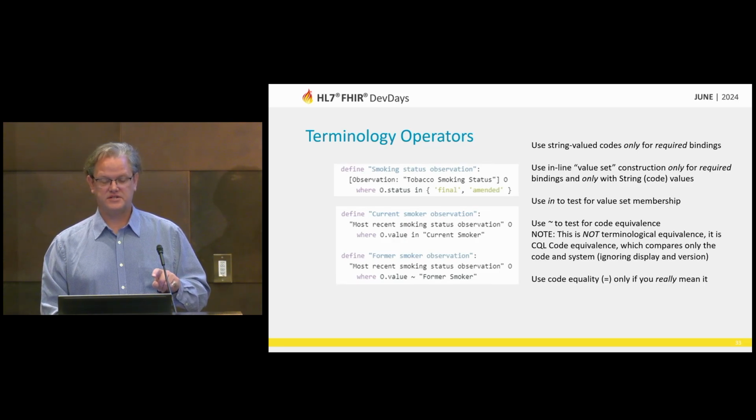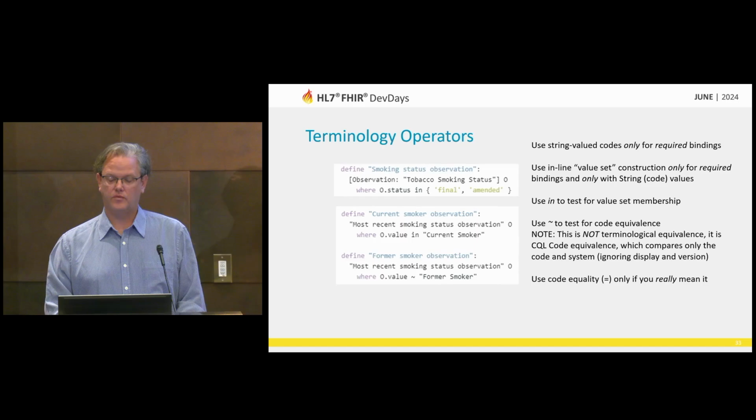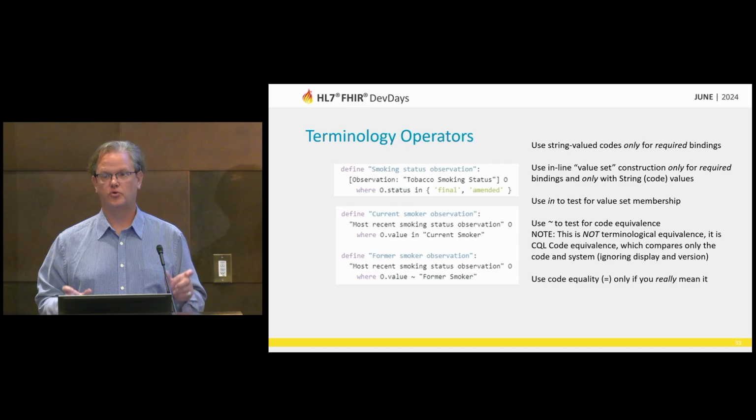And the key difference is the code equivalence is what's being used to determine membership. So we'll note this is not terminological equivalence. It's not doing anything with the code system properties or hierarchies or subsumption or anything like that. All it's doing is saying the codes on both sides have the same code and system, ignoring the display and version.